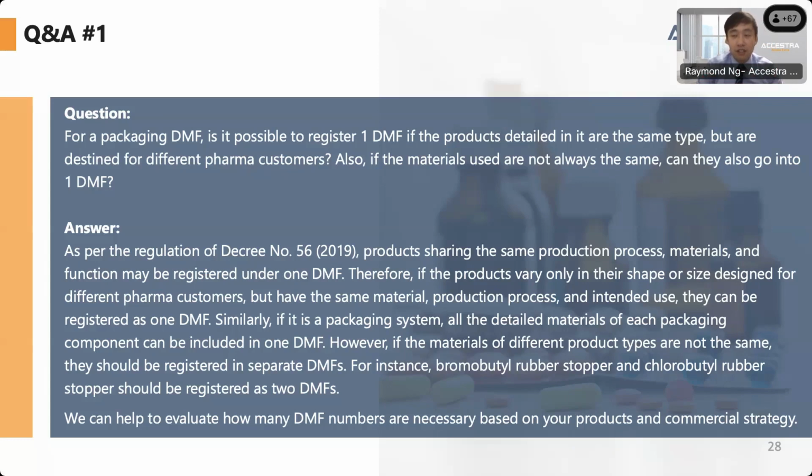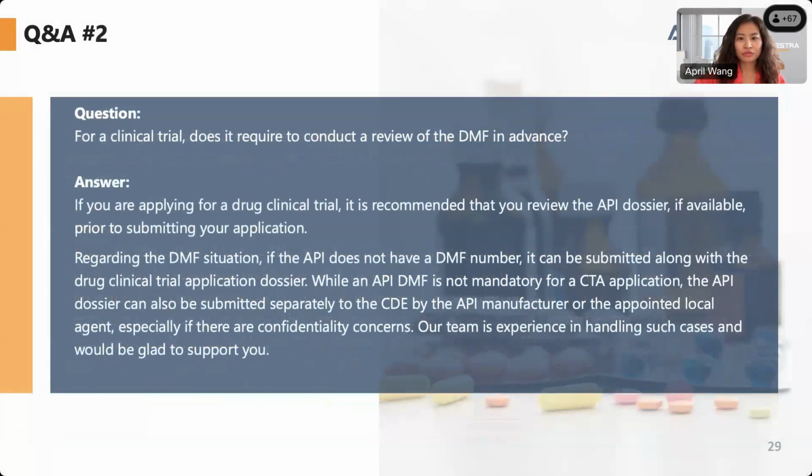So making sure at the start you plan ahead with including as much information you think would be necessary to enlarge the specification scope into the drug master file, so that you can plan ahead and then submit rather than going back and doing adjustments or change application. Right. Thank you, Raymond. So we can move to next one.